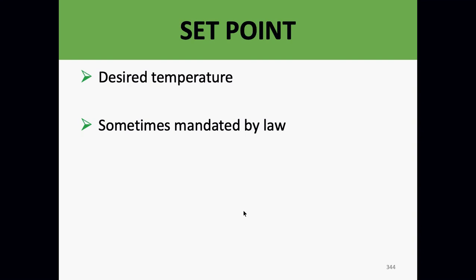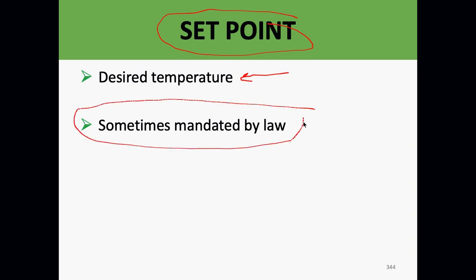Okay. So the set point, this term has come up a few times. It's the desired temperature. It's what we want to be able to maintain the inside temperature at. Some areas mandate what our minimum indoor set point is by law, and the system has to be able to maintain this.